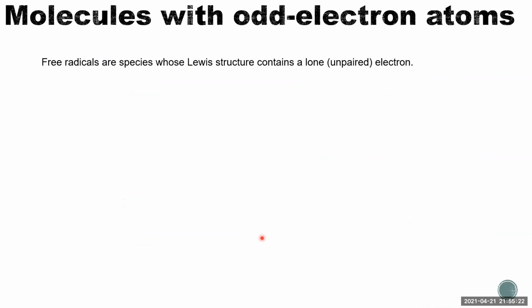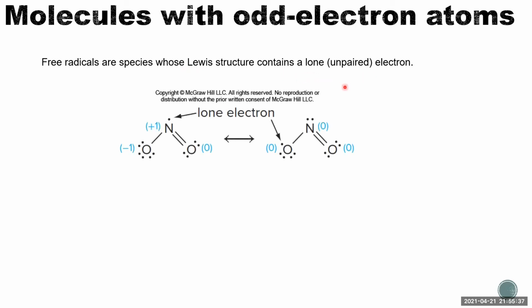The third scenario, molecules with odd-electron atoms, is just for reference. These are called free radicals. These are species whose Lewis structure contains a lone, unpaired electron. Just to give you one example, here we have nitrogen dioxide.